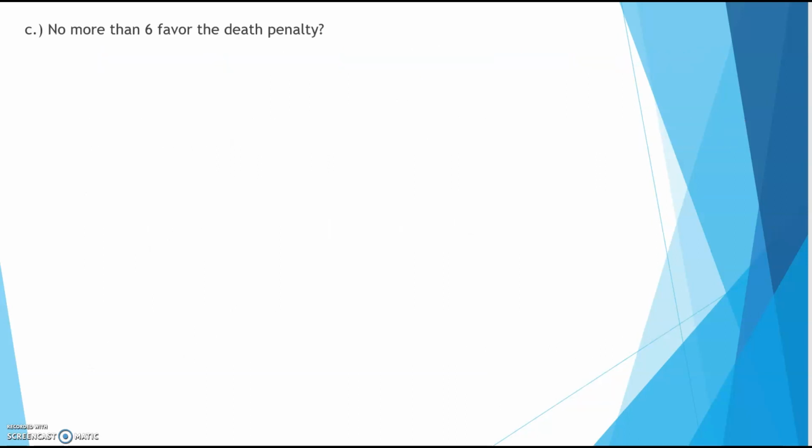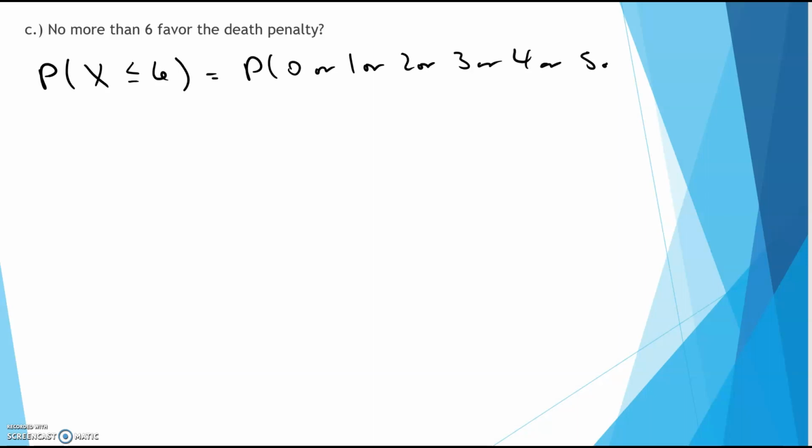And no more than 6. So the probability of no more than 6, that's going to be x is less than or equal to 6. So this could be 0 or 1 or 2 or 3 or 4 or 5 or 6.